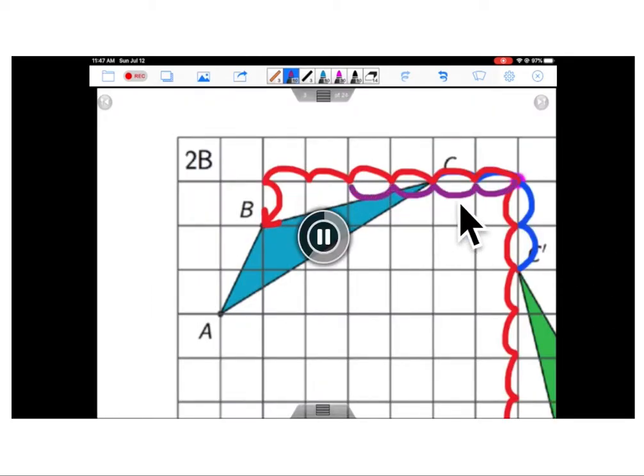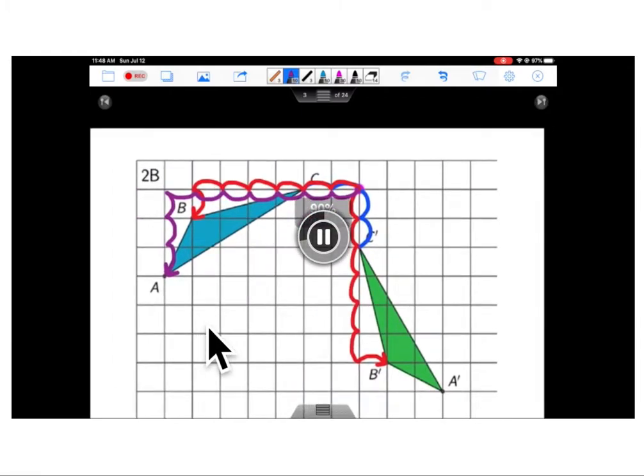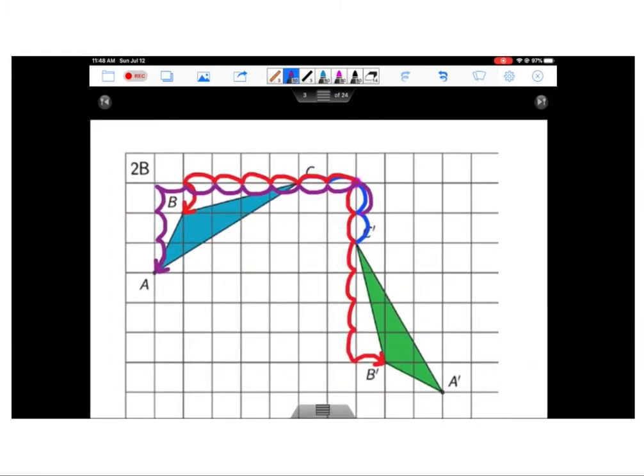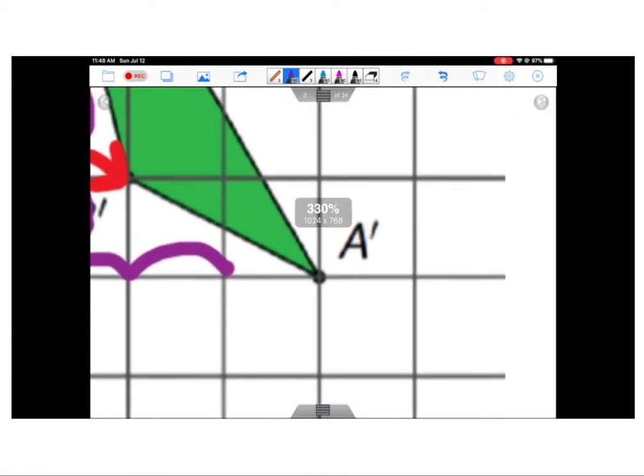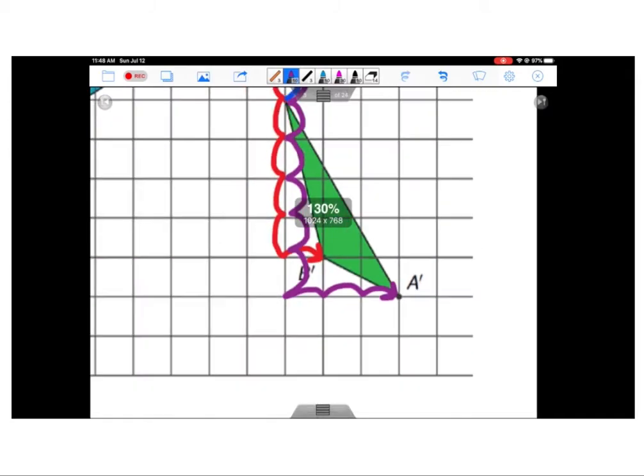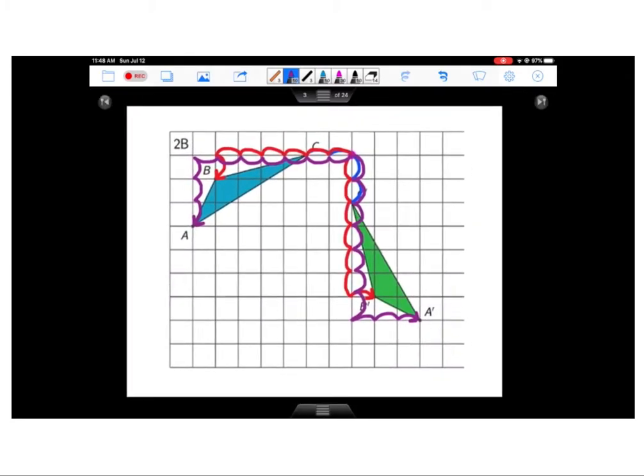And A is 1, 2, 3, 4, 5, 6, 7 along the axis, and then 1, 2, 3 in the direction of rotation. And you can see that A again, you rotate 90 degrees, count down 7, then over 3, and you end up in the correct spot each time. So that confirms that that was in fact the center of rotation.